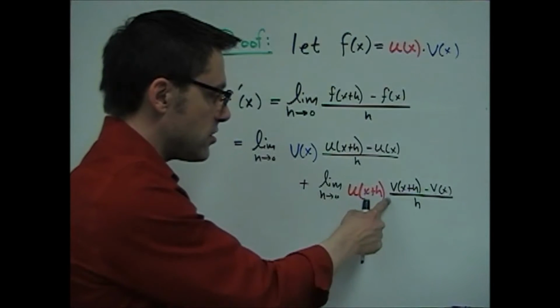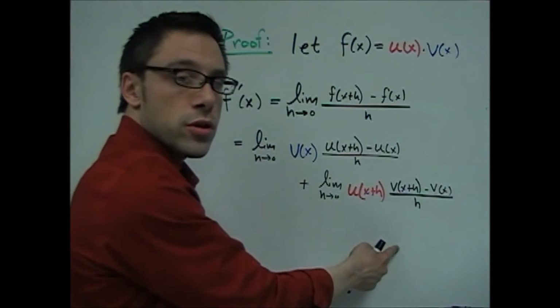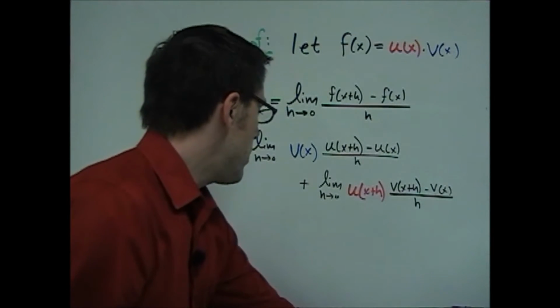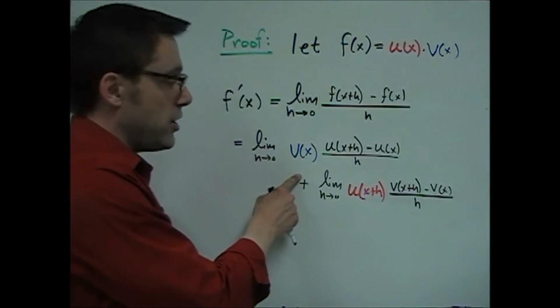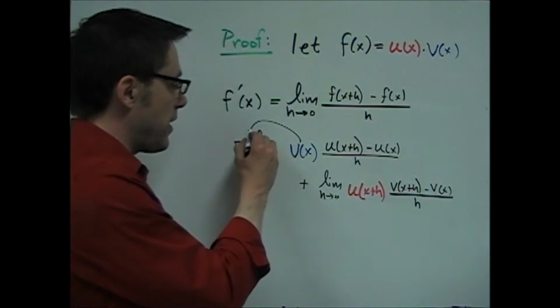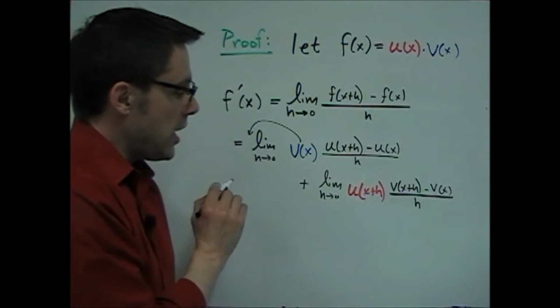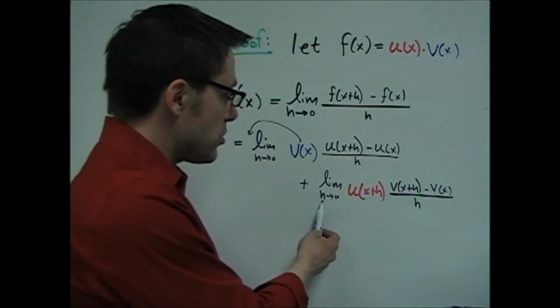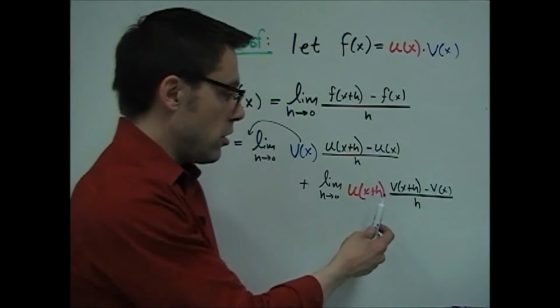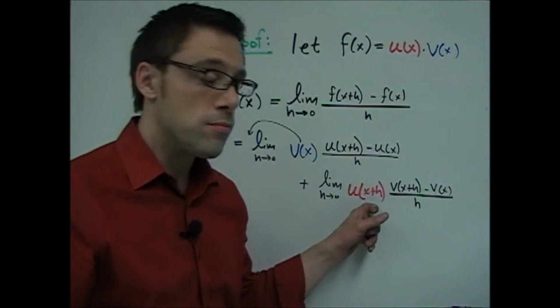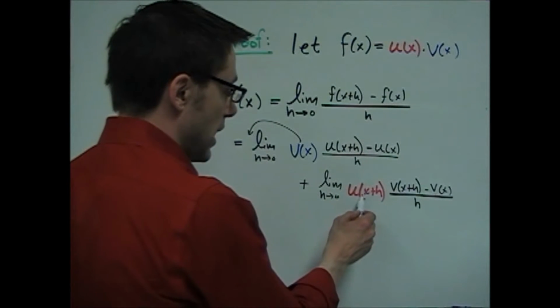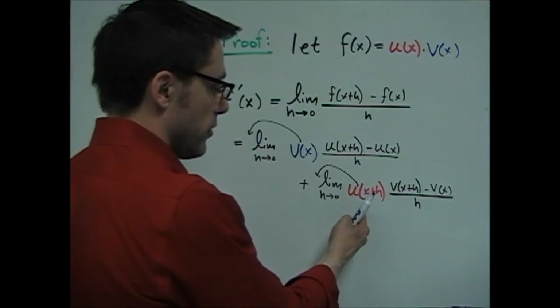And the second one has this u of x plus h with a difference quotient. So the key thing to keep in mind is that we only worry about h. So this v of x can actually just be factored out of this difference quotient. And similarly here, if h goes to 0, well, the h just goes to 0, and this becomes just u of x. So this comes out of this limit as just u of x.